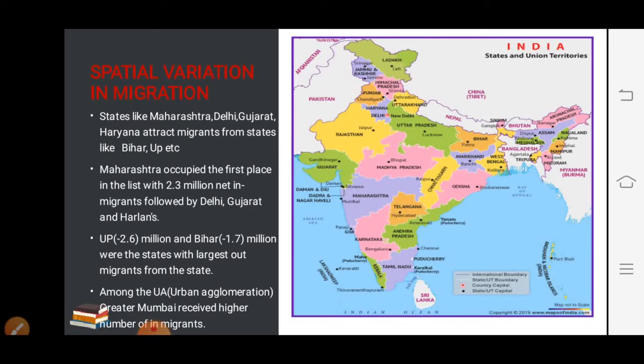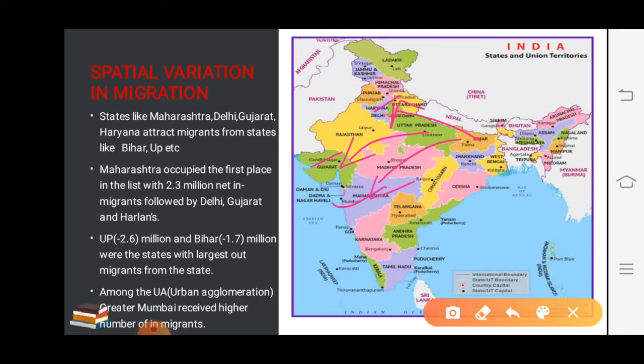When you look at the spatial pattern of migration in India, states like Maharashtra, Delhi, Gujarat and Haryana attract migrants from the states of Bihar and UP. So people from UP and Bihar are migrating to Maharashtra, Delhi, Gujarat and Haryana.